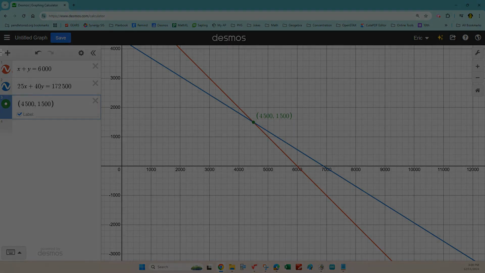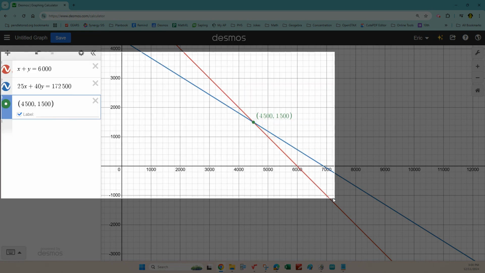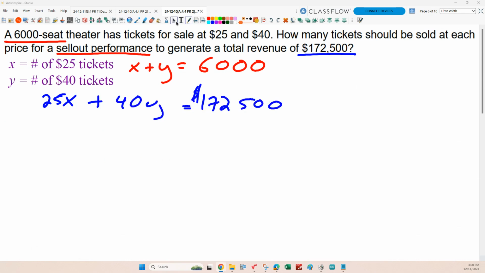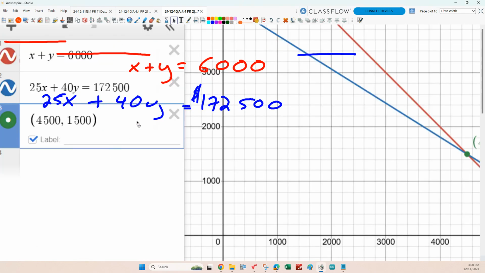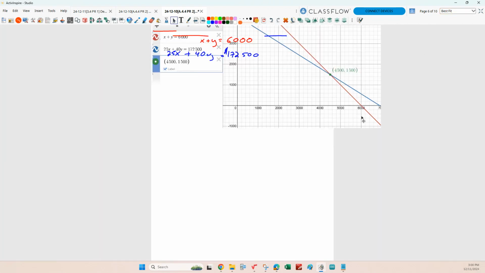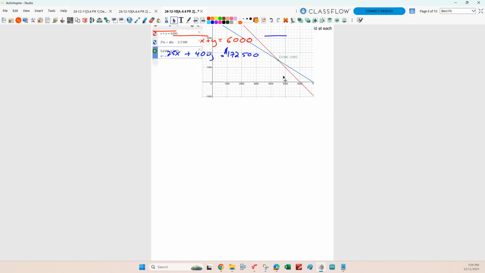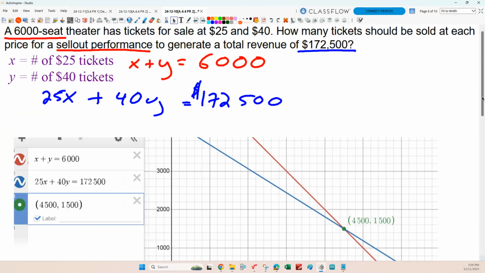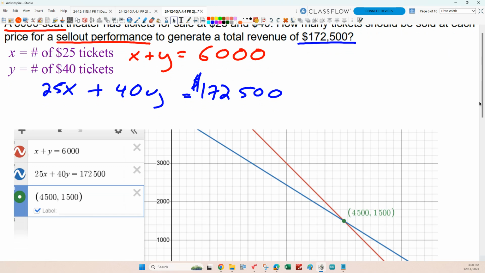So based on our graph, you guys tell me, just for our notes, I'm going to put a picture of this on our notes. Okay, so based on that graph, what's the solution? There you go, right?